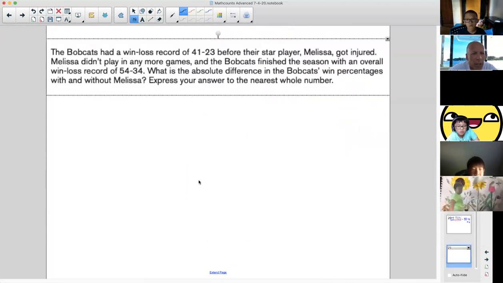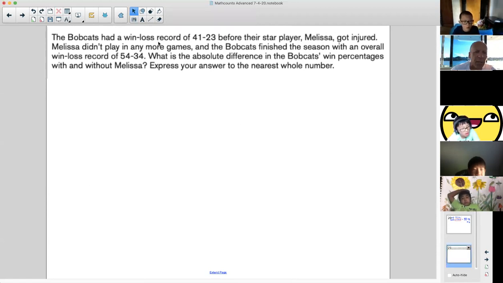Okay, here we go, guys. Now, in this question, this team had a win-loss record of 41-23 before their star player got injured. She didn't play any other games. And the Bobcats finished the season with an overall record of 54-34. What's the absolute difference in their win percentages with and without Melissa? So I want you guys to work this and send me your chat answer, please.